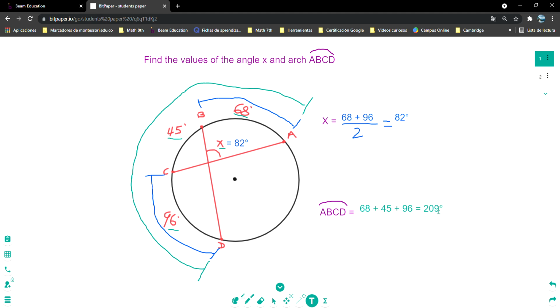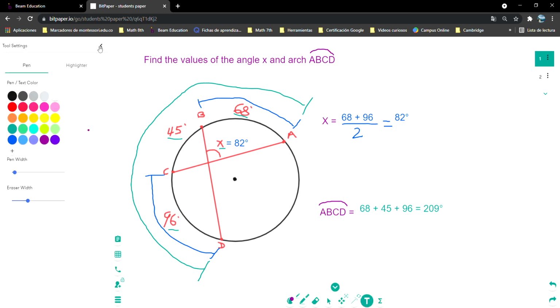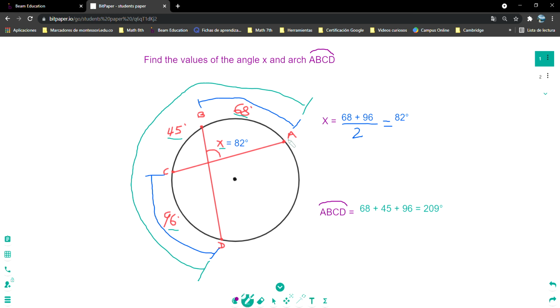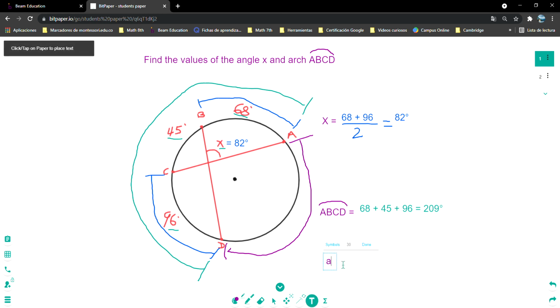So guys, now think, if they ask you, for example, in an additional question, to find the value of AD, so imagine that they ask you to find this arc, the arc AD. Remember that the addition of arcs in the circle is 360. So we just need to subtract to find the arc AD.